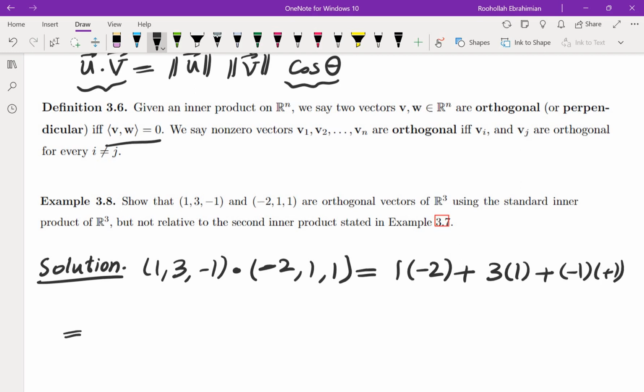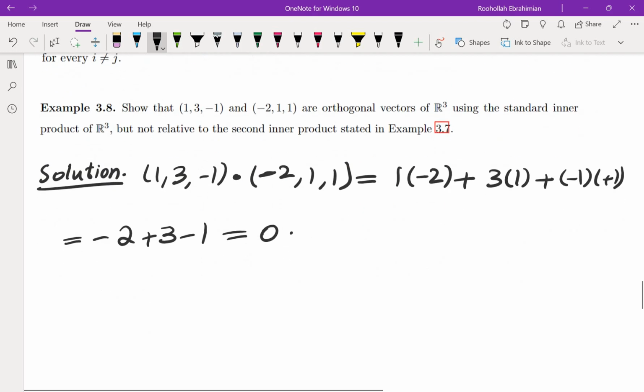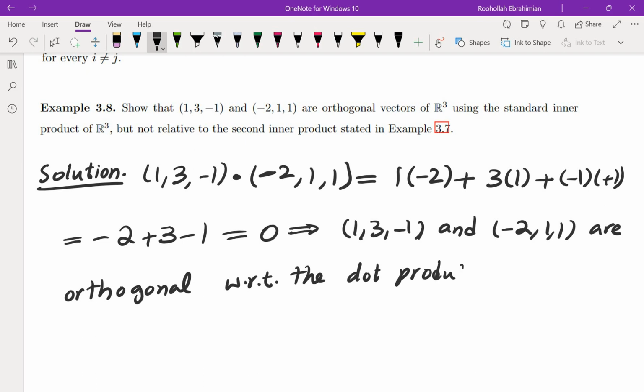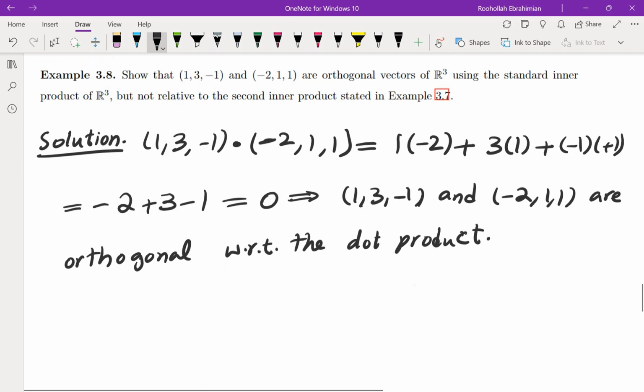If you add these, you get negative 2 plus 3 minus 1, which is 0. Since the dot product is 0, they are orthogonal. So 1, 3, negative 1 and negative 2, 1, 1 are orthogonal with respect to the dot product, or the standard inner product.